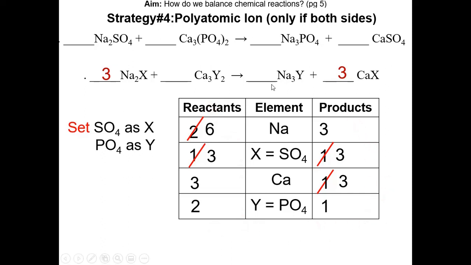So we're going to put a 2 in front of Na3Y. So now we have 2 times 3, we have 6 sodiums and 2 Y. Based off the table, we finished balancing the chemical equation, so the last step is to rewrite the numbers into the original equation. Now you're done.